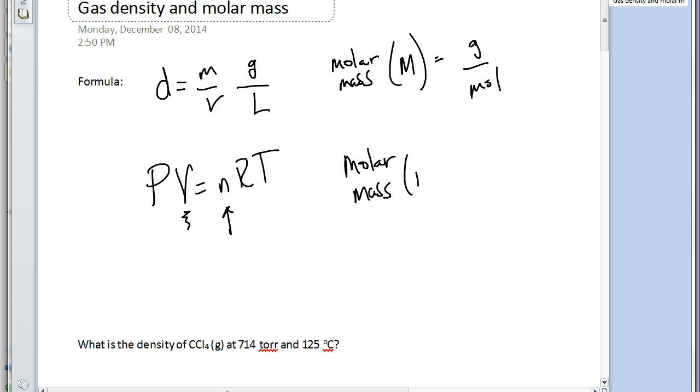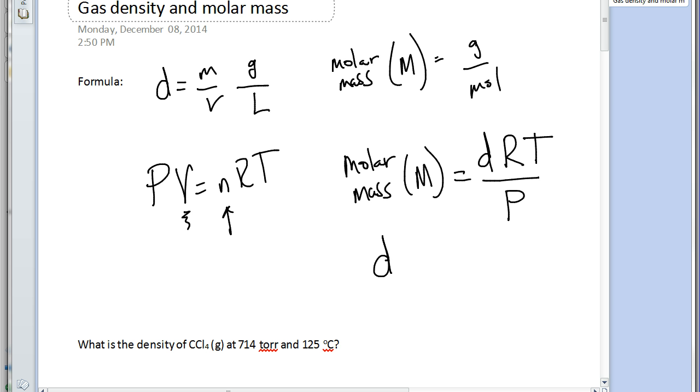So molar mass of a gas, using capital M there again, is going to be equal to the density of a gas multiplied by the ideal gas law constant, 0.0821, multiplied by the temperature in Kelvin, divided by pressure. And of course, this can also be solved for density as well.